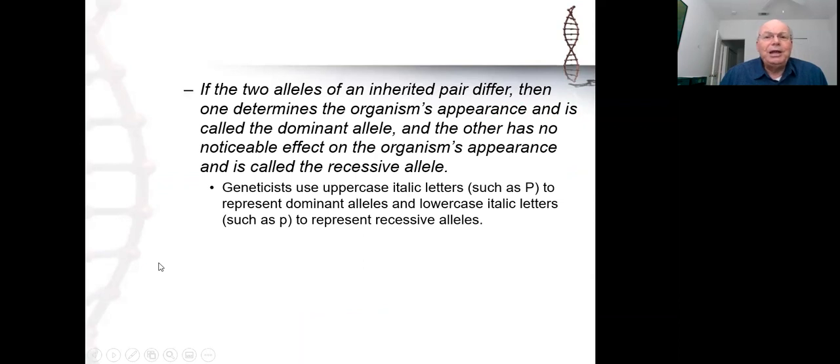If the alleles are different, then that's when the dominant versus recessive comes into play. So if you have a copy of the allele for the dominant trait, then that is the trait that you show, irrespective of what the other allele is. As long as you have one copy of the allele for the dominant trait, then you show the dominant trait.